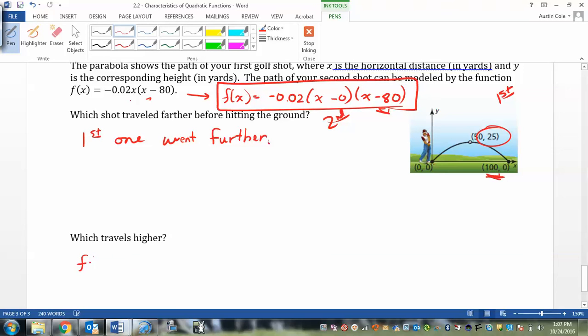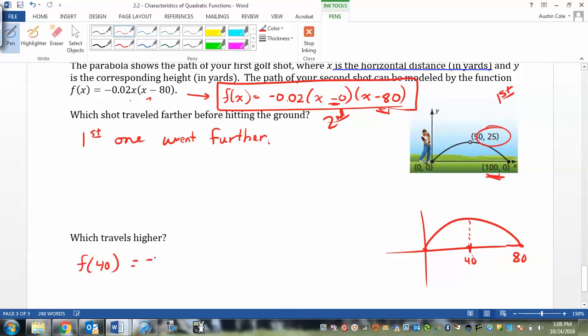So I'm going to do f of 40. If I were to make a sketch, one intercept is 0 and the other intercept is at 80. That means right in the middle has to be 40.